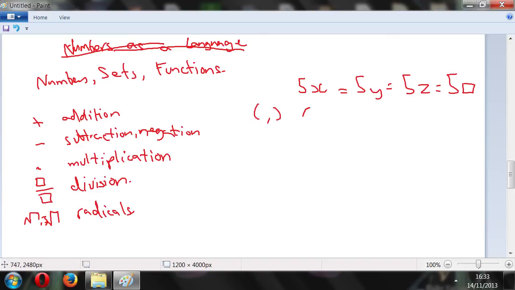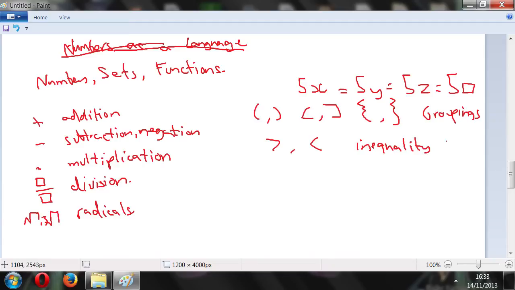Various different groupings to isolate various terms and factors away from each other. So we also have inequality operators here.